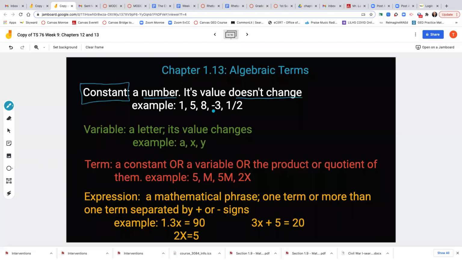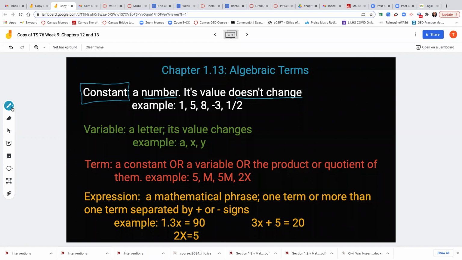Examples are 1, 5, 8, -3, or 1/2. A half is always a half. -3 is always a -3 in a story problem or a math problem. So constants are numbers. That's the simplest way to put it. It's another name for a number.